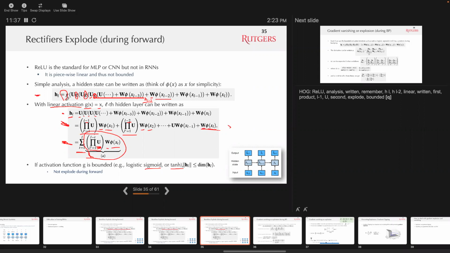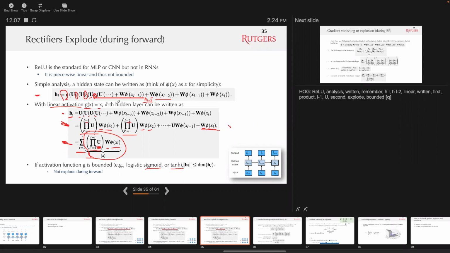Right? So this is why it's a bad idea to use ReLU, and we explain it in terms of the feed-forwarding path. And okay, so this is the first part of the analysis. So during feed-forwarding, if you use ReLU, it's gonna explode, and the solution for this is to use sigmoid or hyperbolic tangent to keep it bounded.